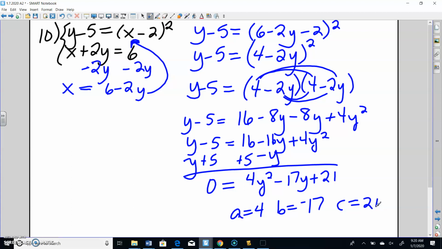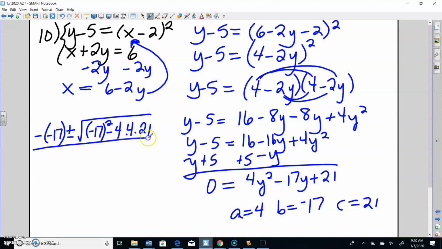Now I'm ready for quadratic formula. Remember, we're solving for y, so when we get our y values, we'll have to plug in to find x, if that happens. Okay, so quadratic formula, opposite of b, opposite of a negative 17, plus or minus the square root of b squared minus 4 times a times c, all over 2 times a.